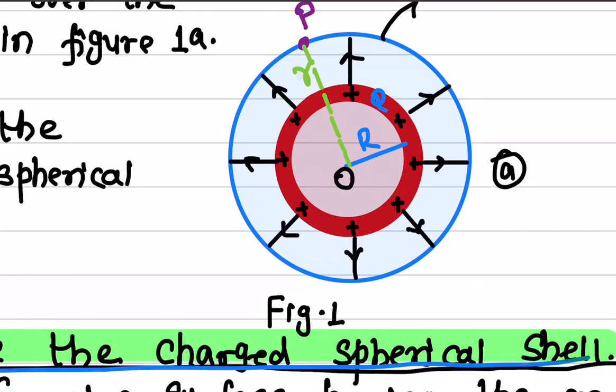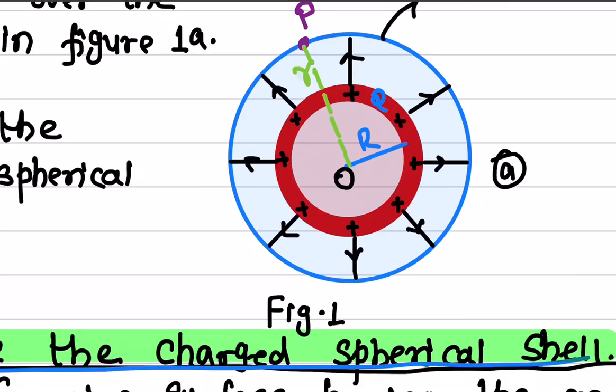Okay, nice. So now if I just take this point, the area vector is this way and the electric field is also this way. So both the area vector and the electric field are in the same direction.